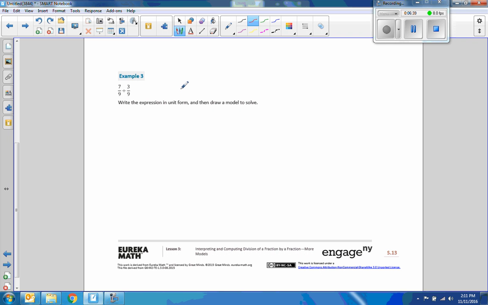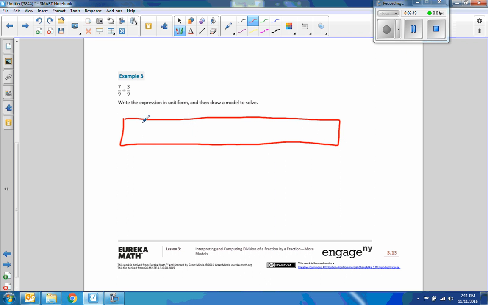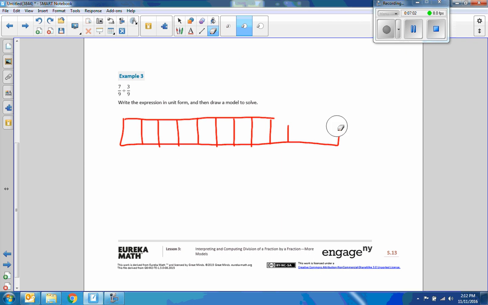Seven ninths divided by 3 ninths. Here's our model. Break it into ninths. 2, 3, 4, 5, 6, 7, 8, 9. 7 of them are shaded. The first number is 7 ninths.